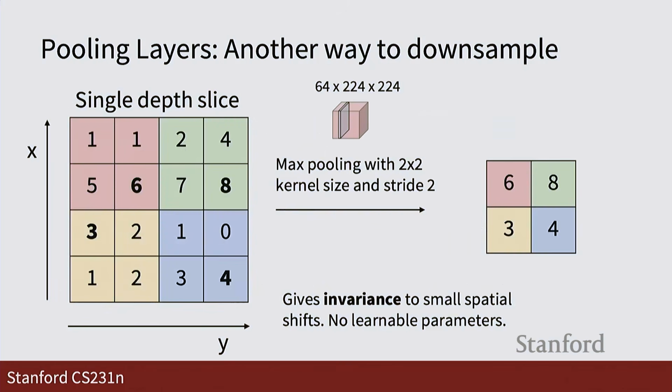Great question. That's actually a hyperparameter. There's a couple different mechanisms of downsampling that we use. One of the most common ones to use is called max pooling. In max pooling, what we're going to do is take our single depth slice, divide it up into non-overlapping regions. We often use the same terminology to talk about these as we do with convolution.